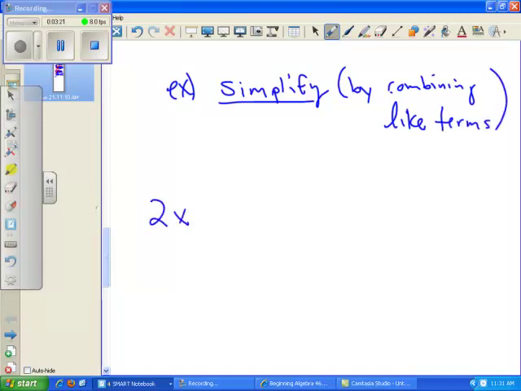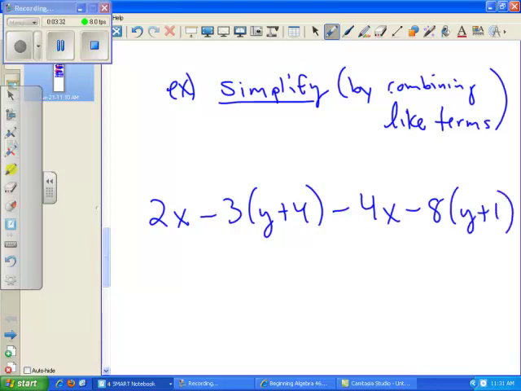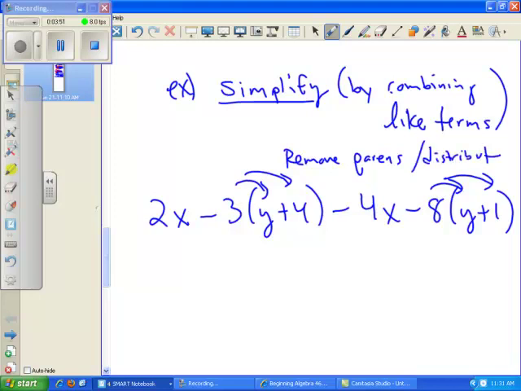So 2x minus 3, parenthesis, y plus 4, end parenthesis, minus 4x, minus 8, parenthesis, y plus 1, end parenthesis. So you should be thinking, okay, I'm going to use the distributive property. Step 1, if you're looking for a recipe, is remove parens, and the only way we're going to do that is to distribute, and then record.